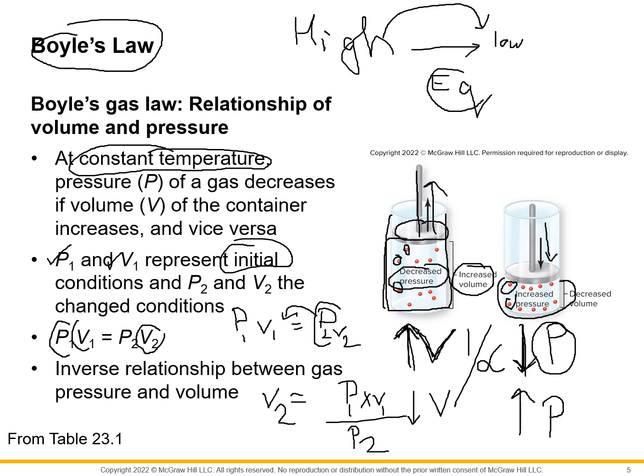So that basically says that there is an inverse relationship between two variables. Those two variables being gas pressure and container volume, right? So if one goes up, the other goes down.